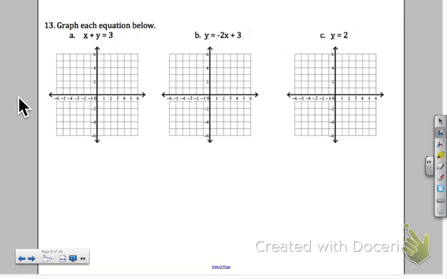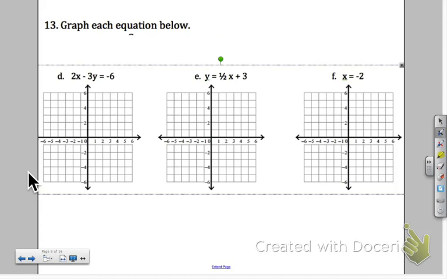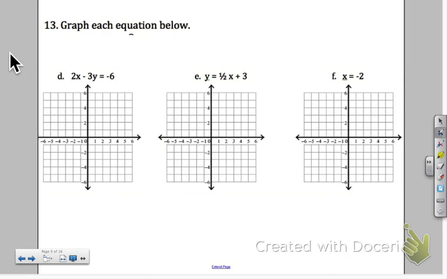Now the next 3. Here's the next 3. This one's easiest done in standard form. So I make my little chart here, with 0 for x and 0 for y. If I plug in 0 for x, it basically eliminates that term because 2 times 0 is 0.